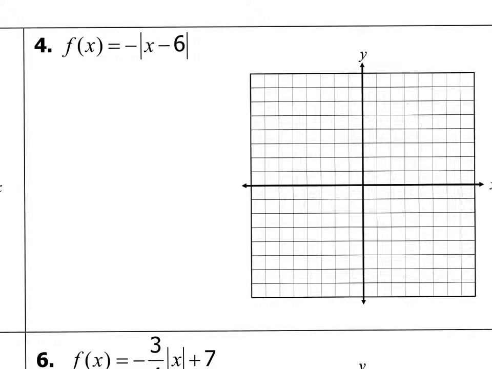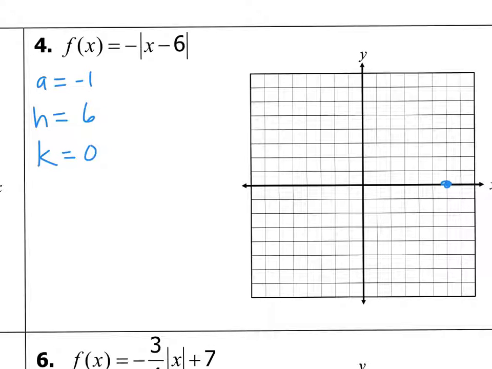So here in example 4, we have A equals -1, okay? And we have H equals +6. We have K equals 0. So our vertex is going to be at 6, 0, which is right here.